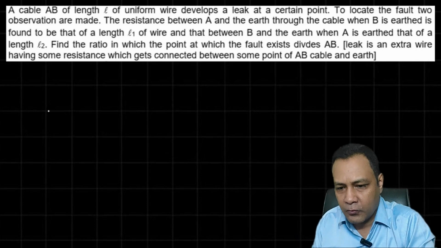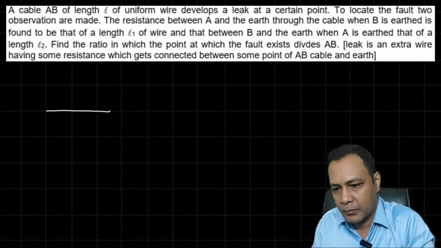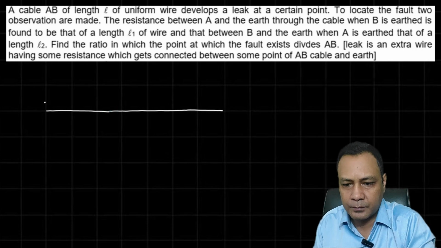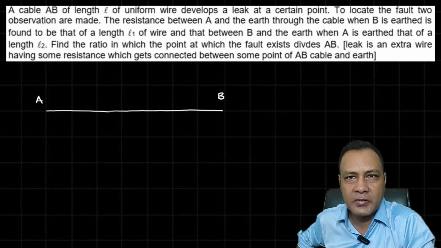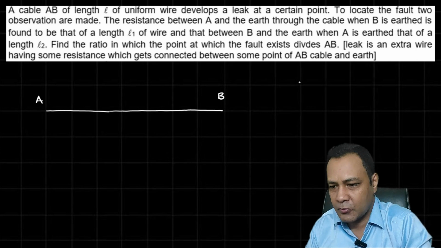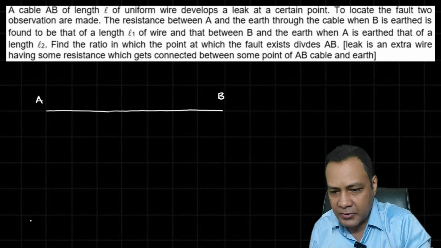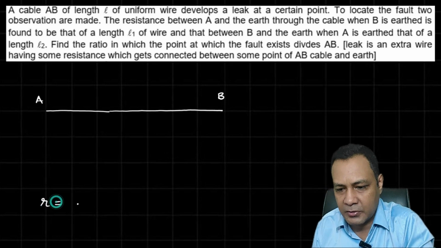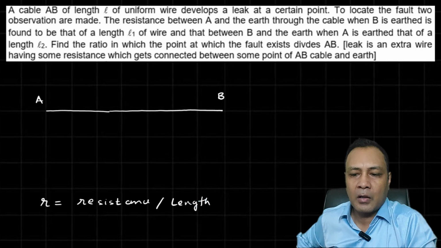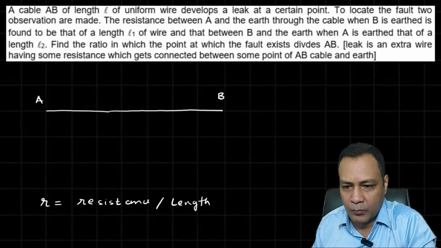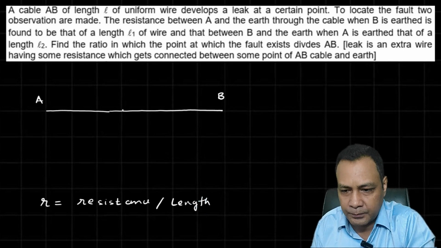So AB is a uniform wire. Let me draw wire AB, a uniform cable AB. When I say uniform, it means the resistance per unit length is the same. So let's assume that R is the resistance per unit length. A fault develops at some point, suppose here.